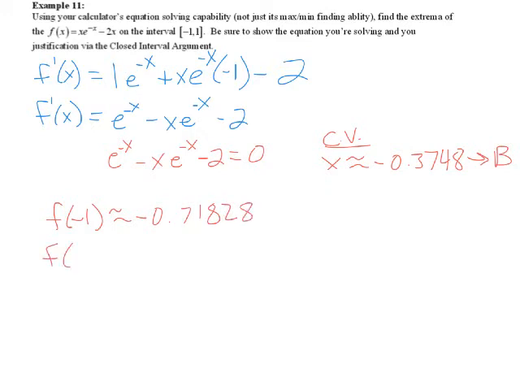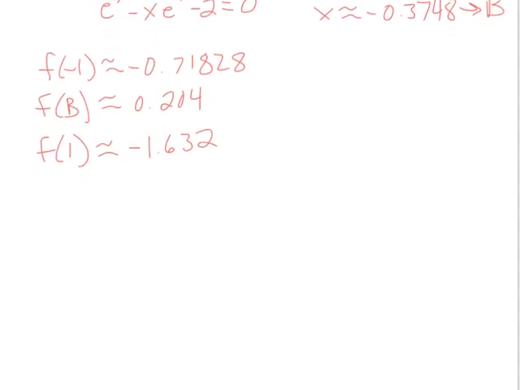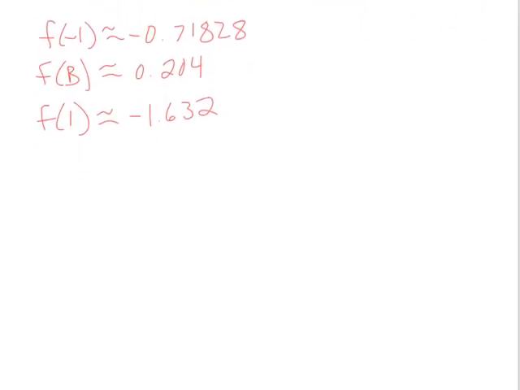And f of b gives us approximately 0.204, and then we test the other endpoint, and that gives us approximately negative 1.632. So we relied heavily on the calculator, a lot of decimals there, and we want to be accurate with that. I'll try to remember to cover how to do that on the calculator in class. Feel free to remind me.